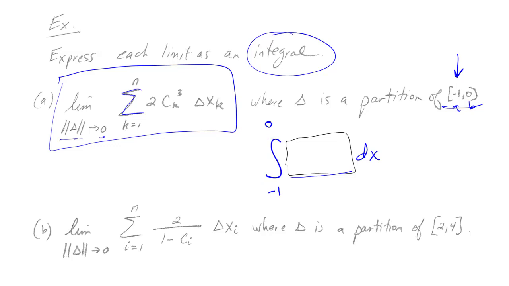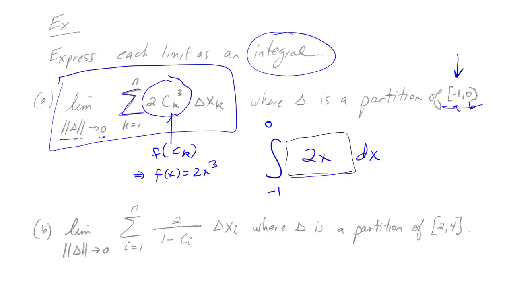Okay, so now I'm going to get rid of some of that extra stuff. And then what is the function? Well, that's right in here, because this is what would be f of ck. So if f of ck is 2ck cubed, then that means f of x would just be 2x cubed.